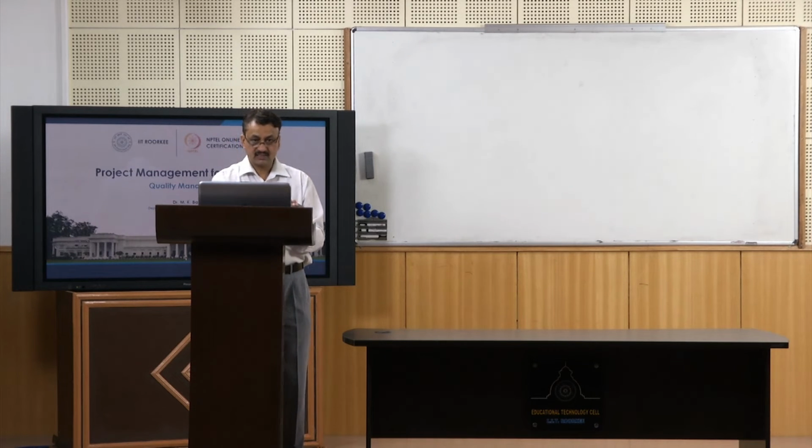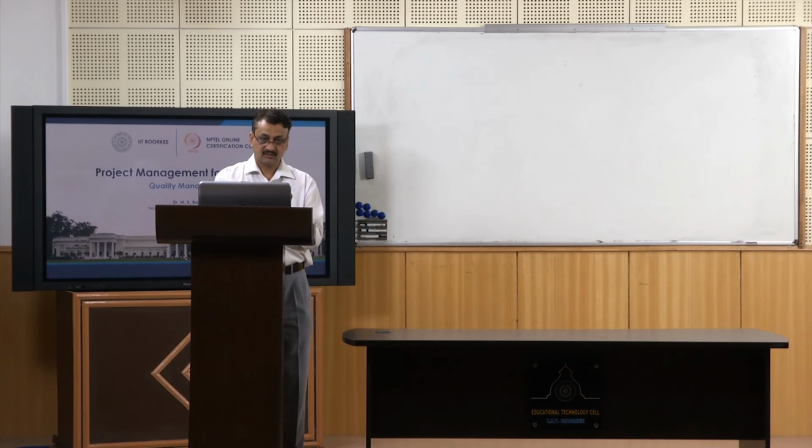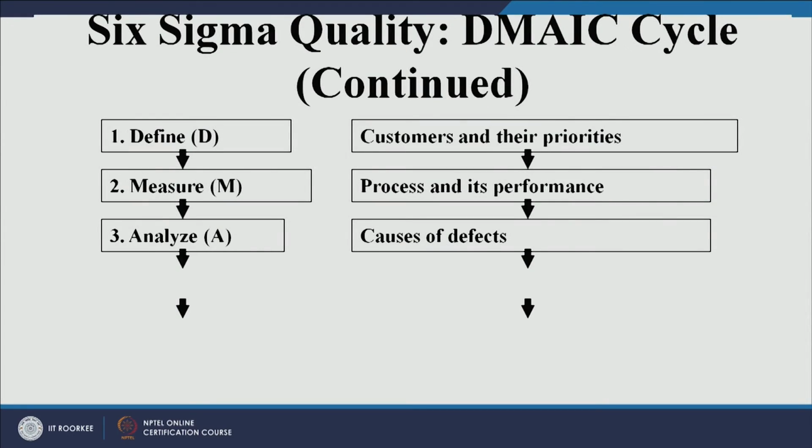What are the reasons for that particular problem? There might be several reasons, there might be one reason. So, analyze the causes and effects. There is something called a cause and effect diagram, we will see that diagram.